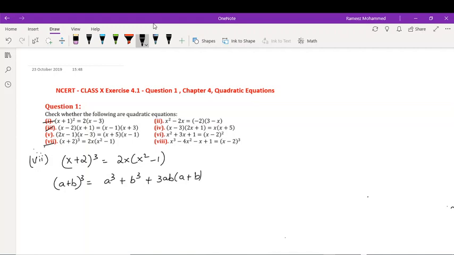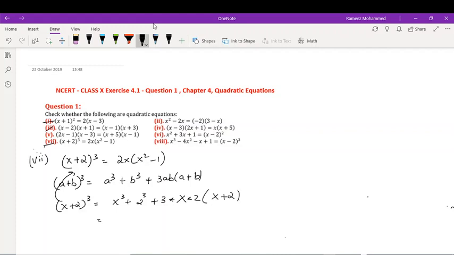We'll apply the same thing here. Therefore (x plus 2) whole cube is x cube plus 2 cube plus 3 into x into 2 into (x plus 2).